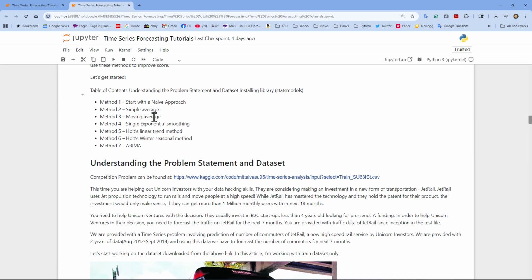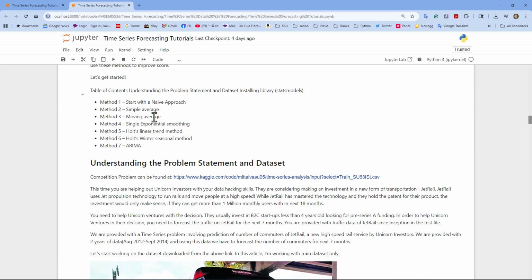Method 3, we illustrate the moving average. We're using these 3 methods as our baseline comparison, which means they're simple, easy to implement, and we use them to see if we can improve our forecast. The 4th method we'll use is the simple exponential smoothing method.